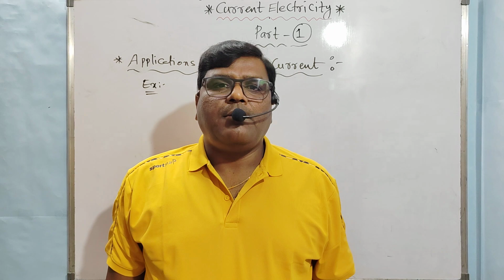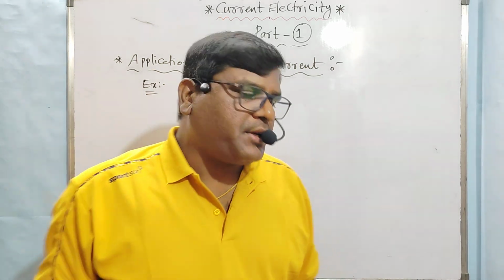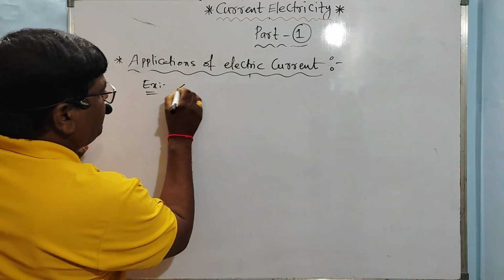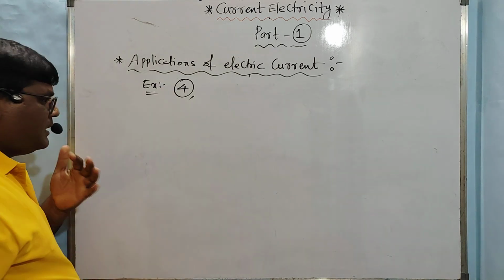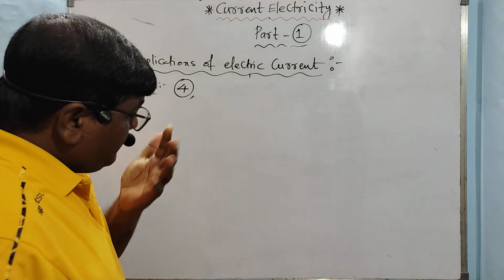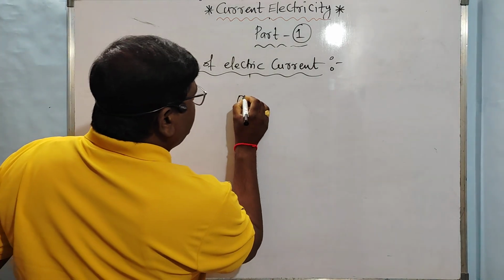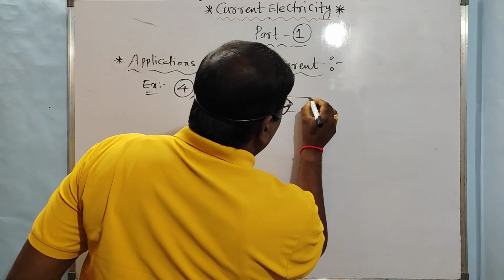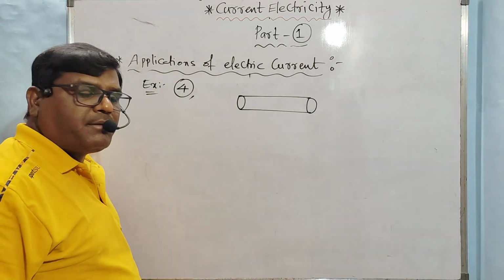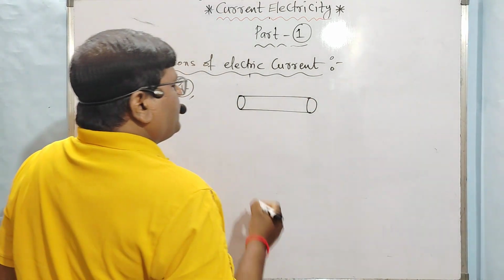Okay, one more problem based upon the application of electric current. That is problem number 4. So try to understand what the problem is, right? See, for example, one conductor is given. This is the one conductor, nothing but one of the wires here, right?